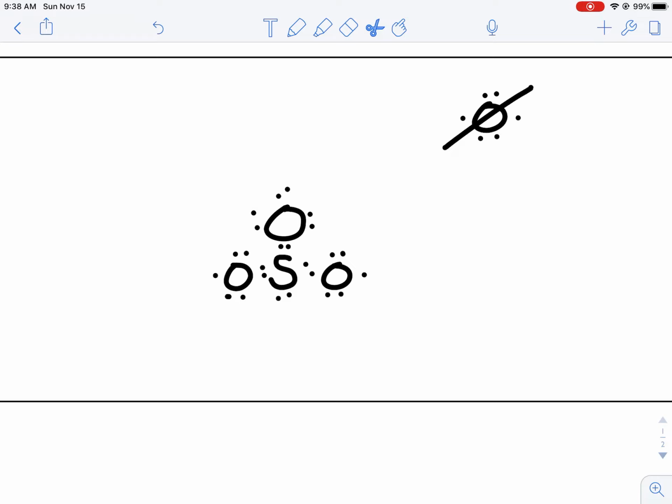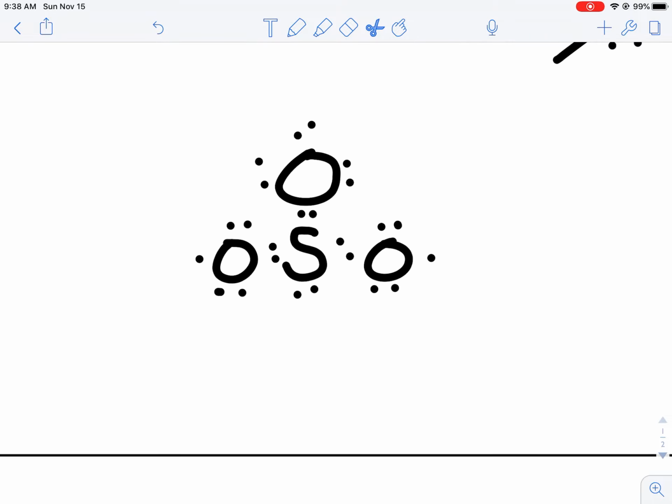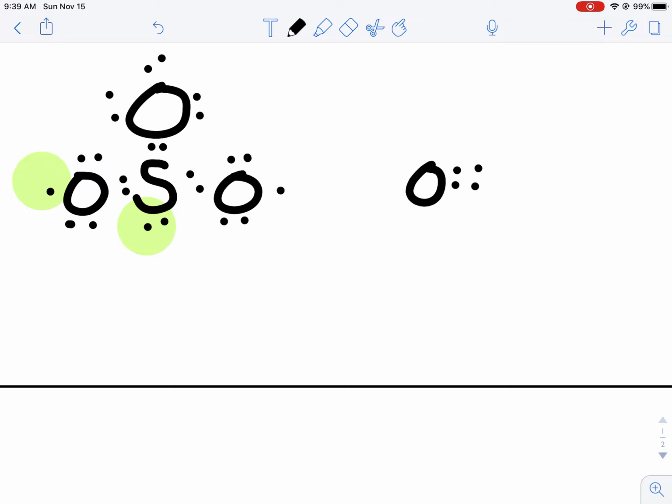However, when you look at the oxygen atoms on the left and the right, they don't have full shells. So you might now start to think, all right, I'm going to form some double bonds. If I take the lone electron out here and take one of sulfur's and put them in the shared position, you might look at sulfur and realize, now it's got too many electrons.